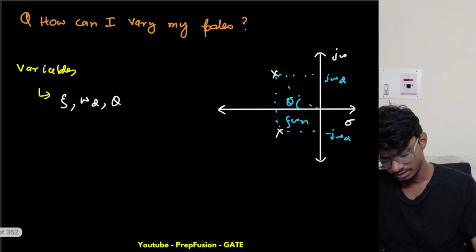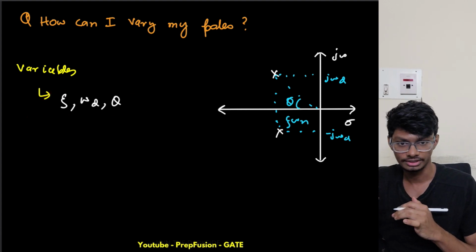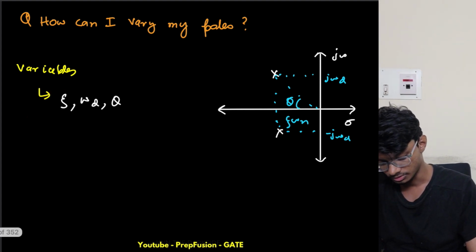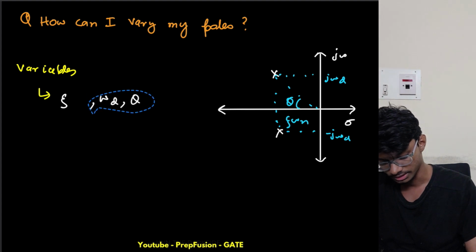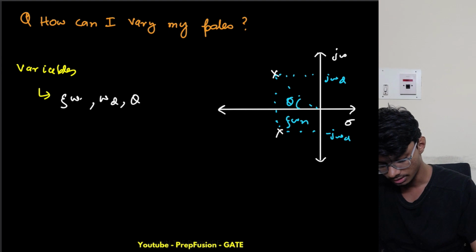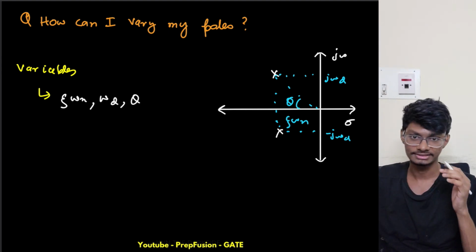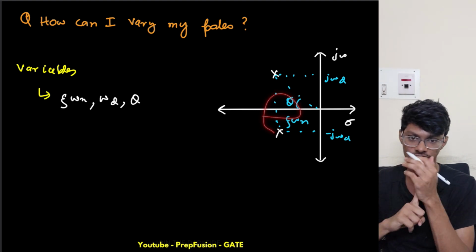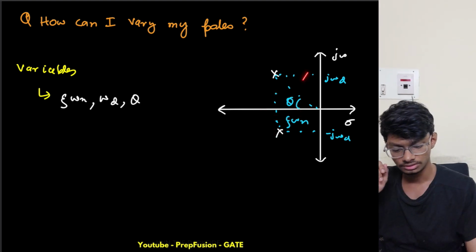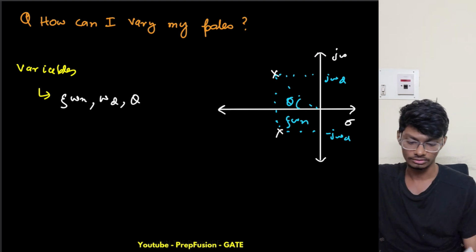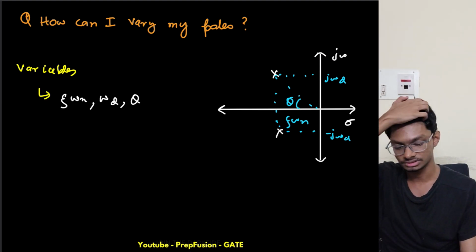So I should write here that it is a function of zeta omega n. That is one mistake I did. This will be a function of zeta omega n, not only zeta, because what can vary my pole location? One is the x-axis. So along x I have this zeta omega n. Along y-axis what is there? Omega d. And obviously along the angle also I can vary, this is theta, okay.